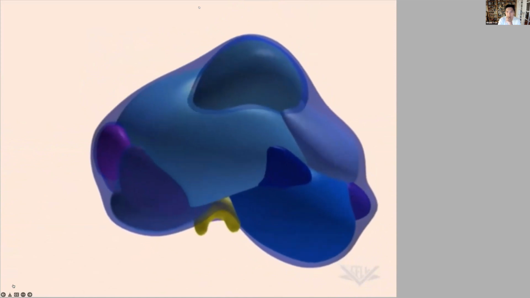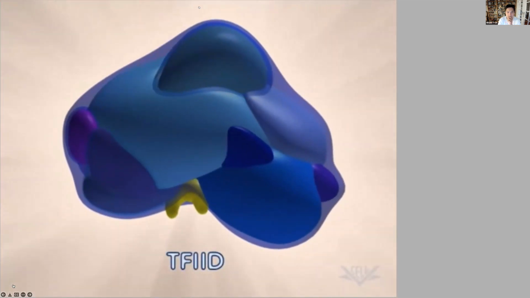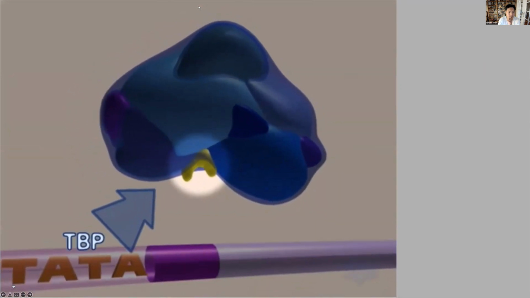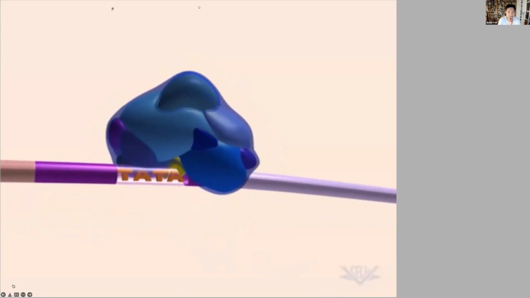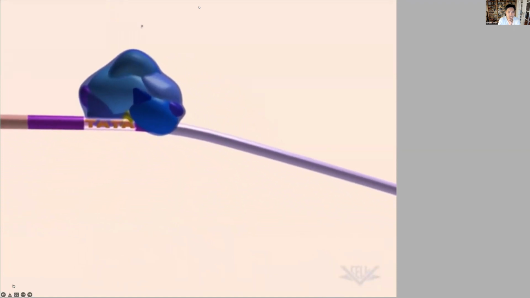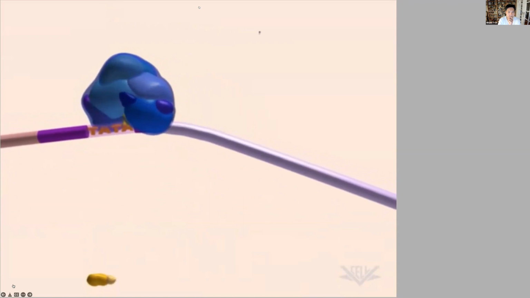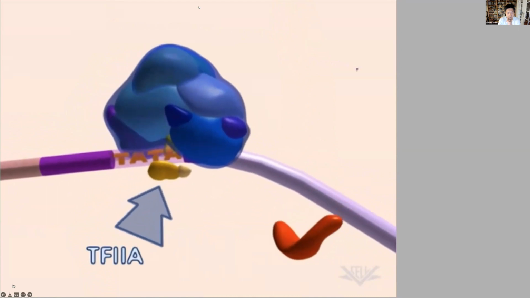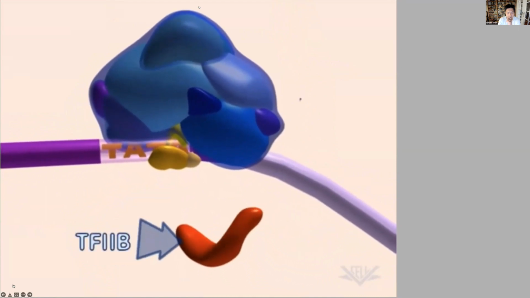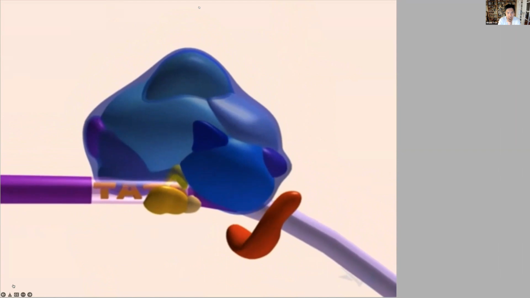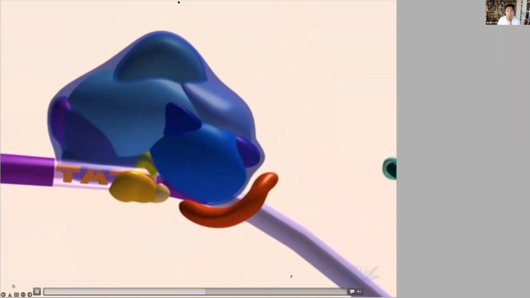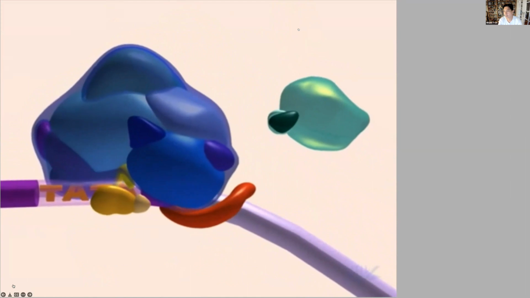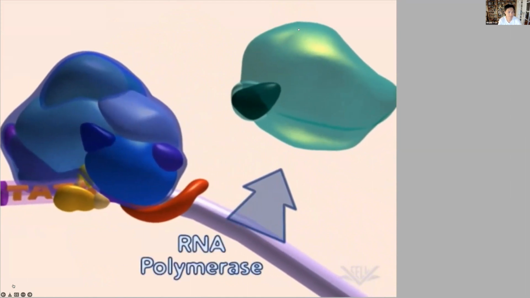Several complexes, known as transcription factors, are required for successful transcription. The first is TF2D, the largest of the genetic factors. A component of this factor, TBP, binds to the DNA using the Tata box to position TF2 near the transcription initiation site. Other transcription factors, including TF2A and TF2B, then attach. These complexes prepare the DNA for binding to RNA polymerase.